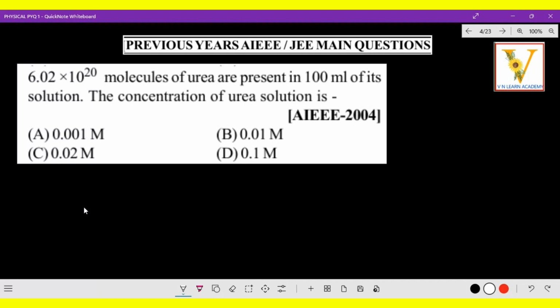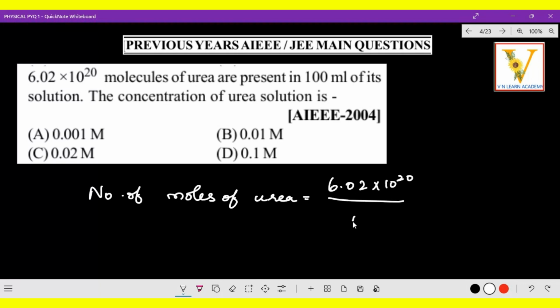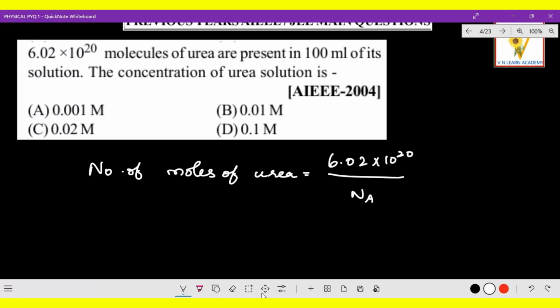First step, we go for number of moles of urea, right? So number of moles of urea here, how much have they provided? 6.02 into 10 to the power of 20 divided by Avogadro number.